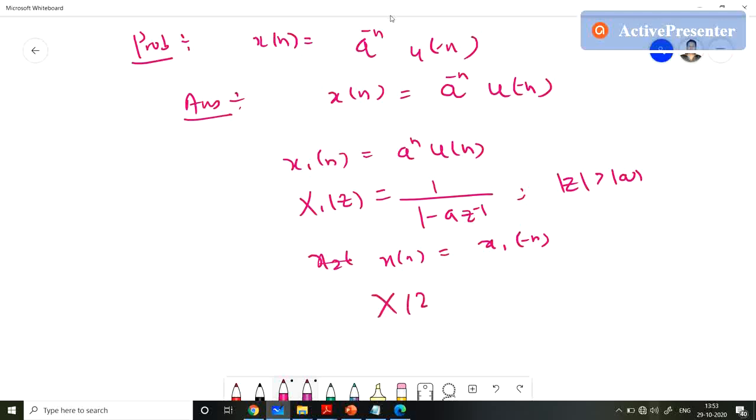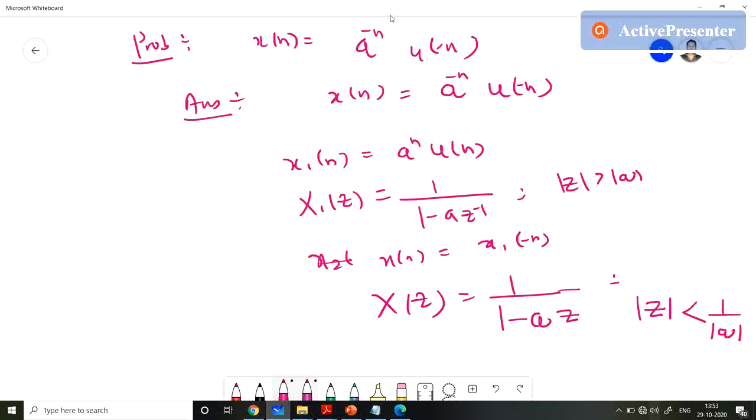The z transform of this x[n] is denoted by X(z). Since we are considering the time reversal, the z transform should be 1 divided by 1 minus, instead of z, we just replace with 1 by z. So it will become 1 divided by 1 minus a z. And the ROC will be modulus of z less than 1 divided by modulus of a.